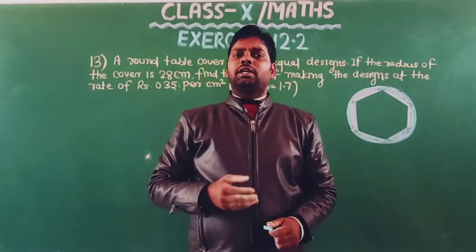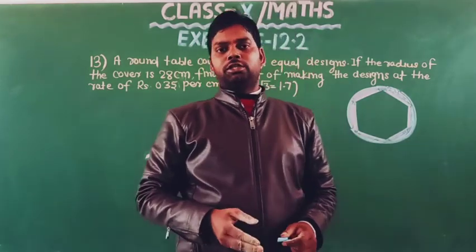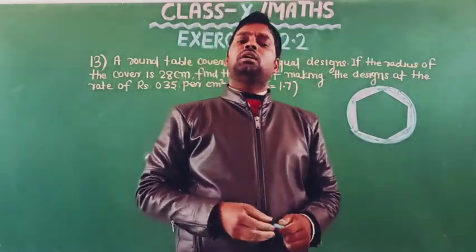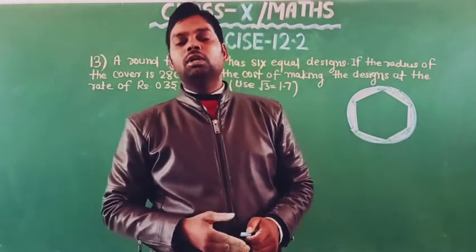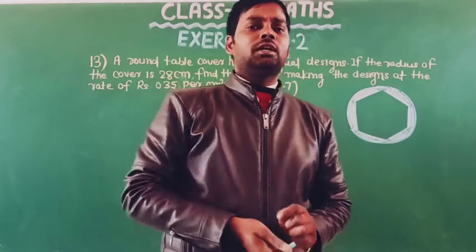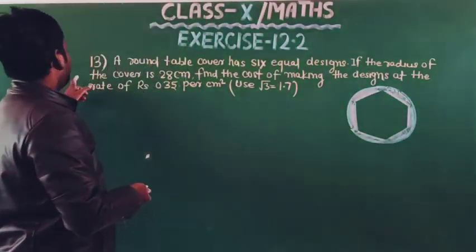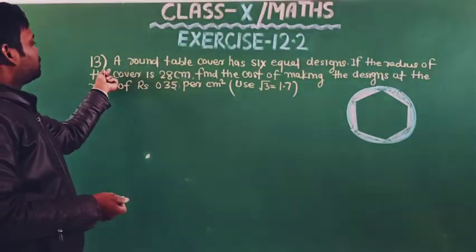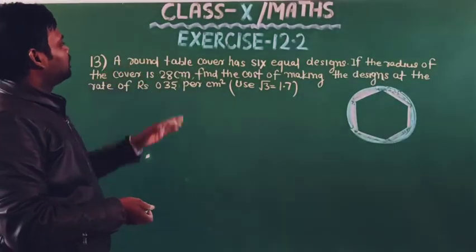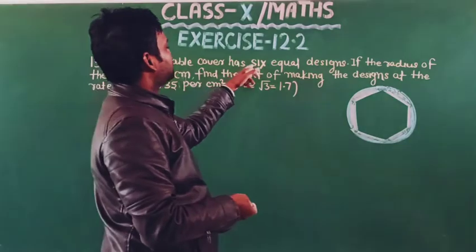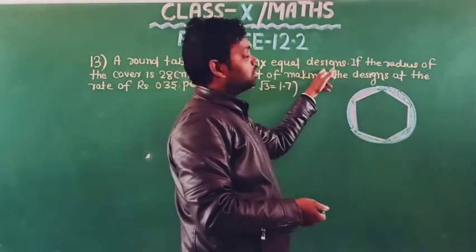Hello student, in this video you will see the solution of questions number 13 and 14 of exercise 12.2, Areas Related to Circles. In question number 13, it has been said that a round table cover has 6 equal designs.